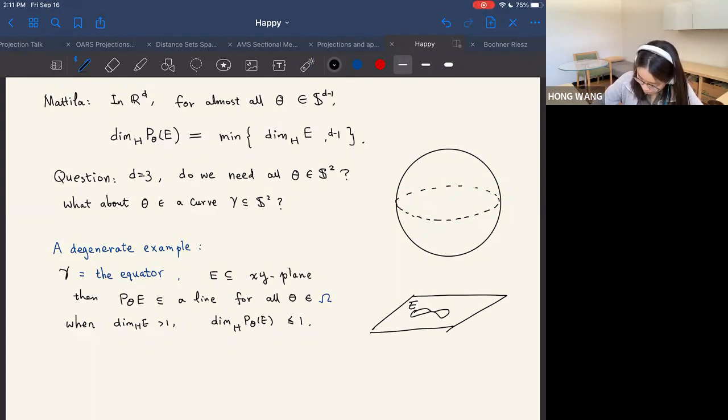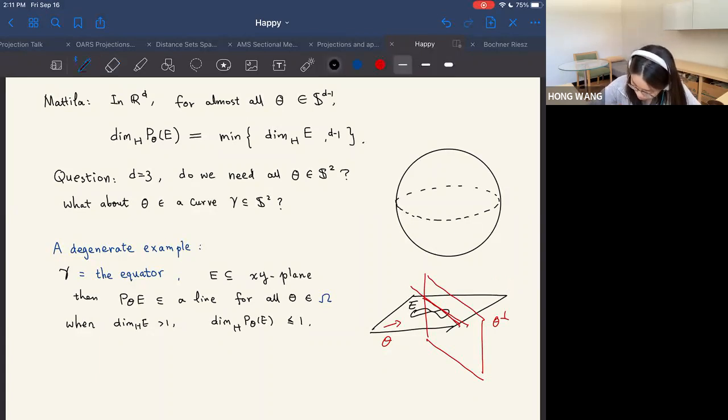Since our direction theta also lies on this plane, it is perpendicular to this plane. And then when we consider the orthogonal projection to theta perp, the image of E will be on the line that's the intersection of theta perp and the XY plane.